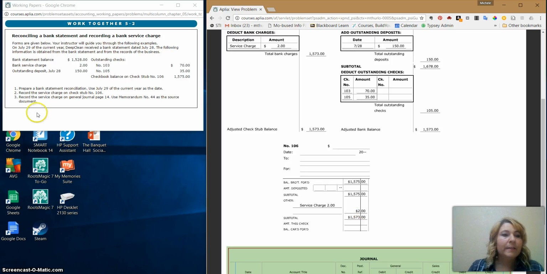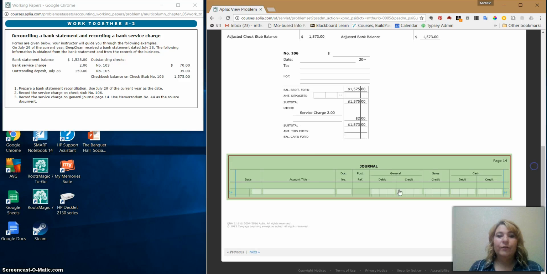Okay. Step number 3 says we're going to record the service charge in the general journal on page 14. Use memorandum 44. So we're going to come down here to the journal. The date is the date that we're preparing this, which is on the 29th. The account title, service charge, we don't have a service charge account from our chart of accounts.